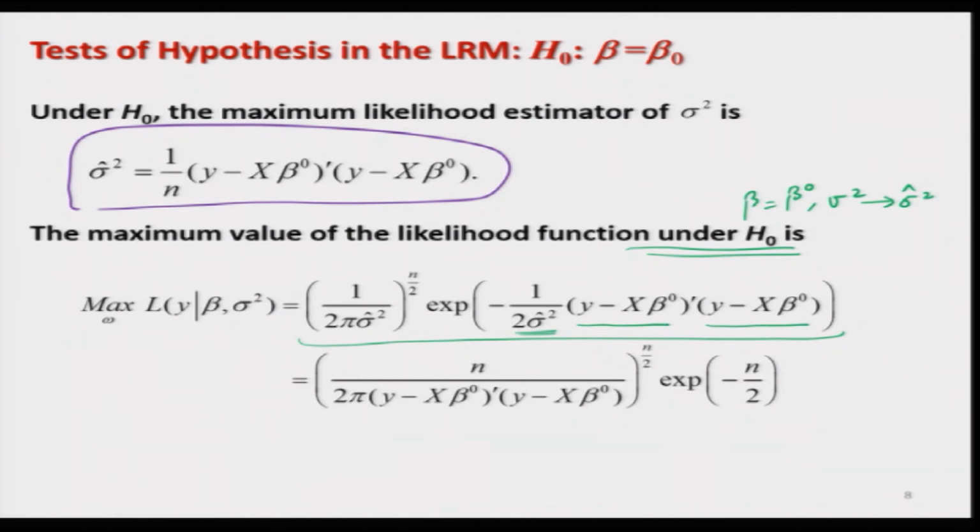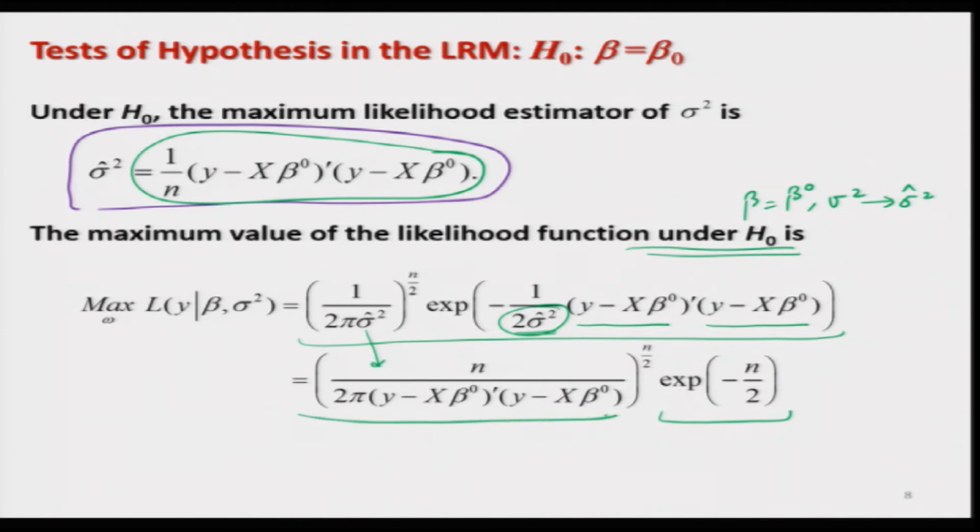And now, if you observe the structure of this sigma square hat under H naught from this expression, you can simply see that this numerator part, y minus x beta naught transpose into y minus x beta naught, is getting cancelled out, and you will get only exponential of minus n by 2. And in the first factor you simply replace sigma square hat. So, you get this expression.